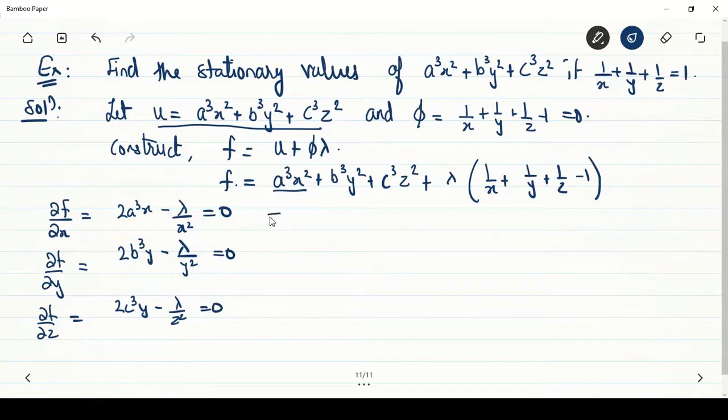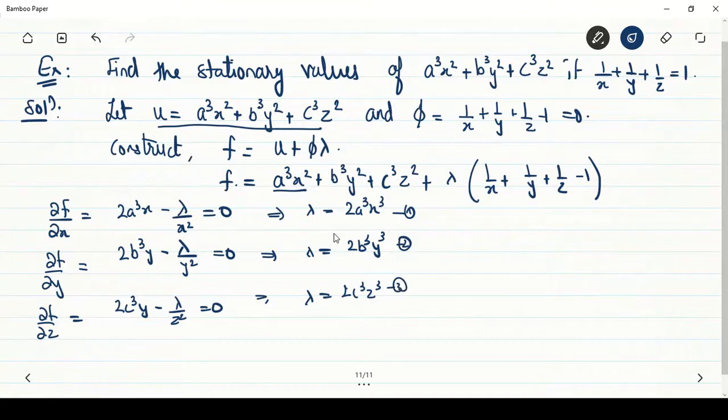Now solving these equations, we get lambda equals 2a cube x cube, lambda equals 2b cube y cube, and lambda equals 2c cube z cube. From equations 1, 2 and 3 we get lambda equal to these, so all these values are equal.